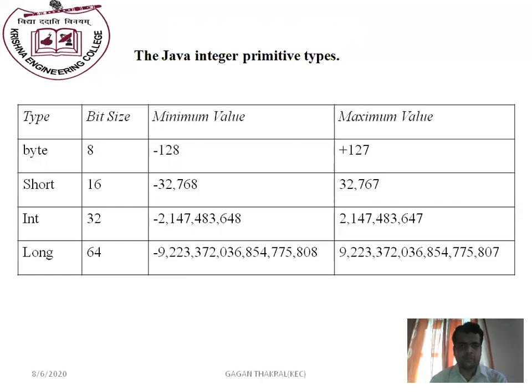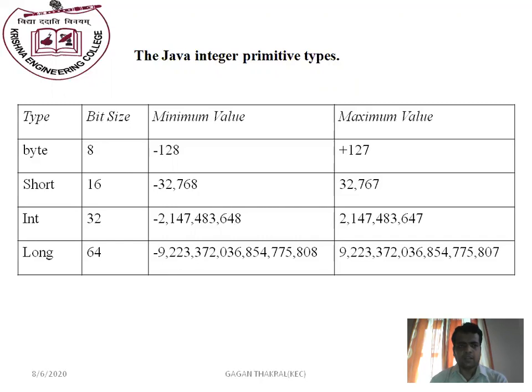Minus 128 to minus 1, 128 values are for negative values, and 0 to 127, a total of 128 values, are for positive values. 0 we consider a positive value. So 2 raised to power 8 is 256. The range is from minus 2^7, that is minus 128, to plus 2^7 minus 1, that is 127.